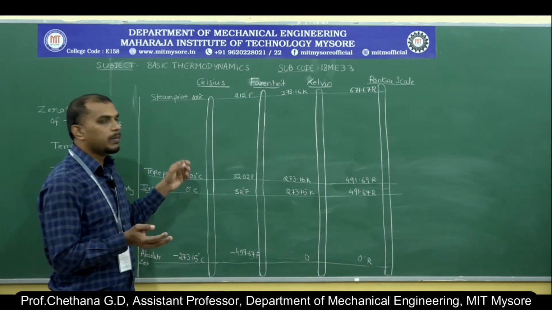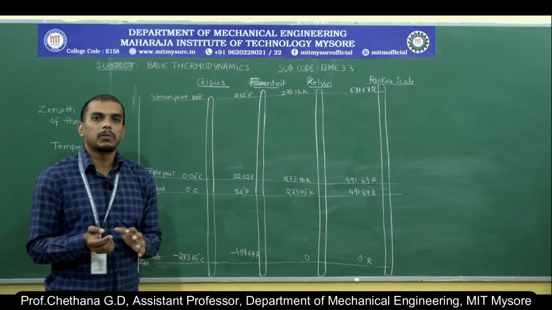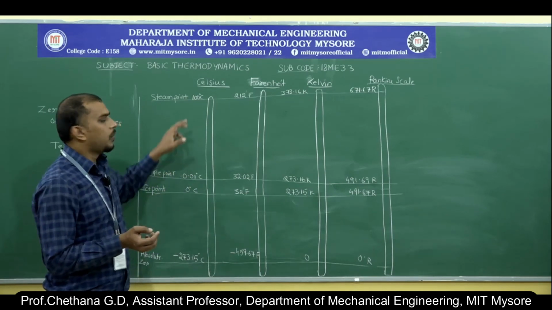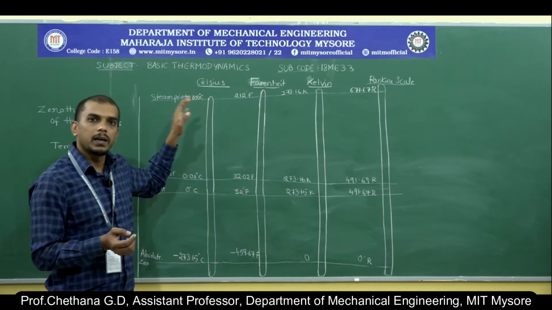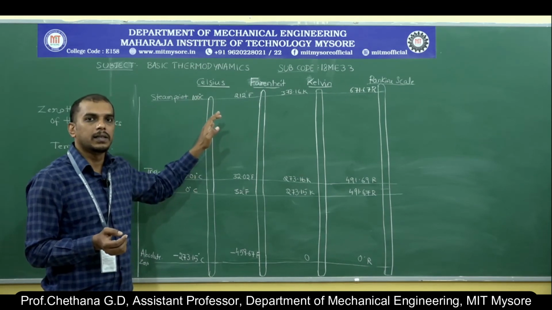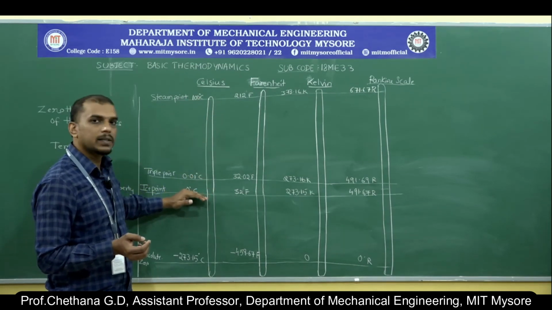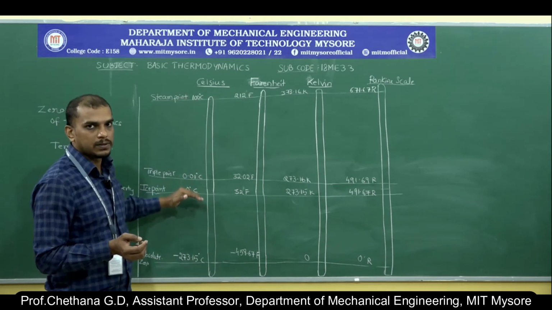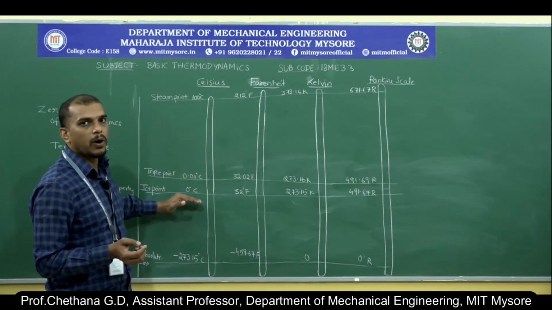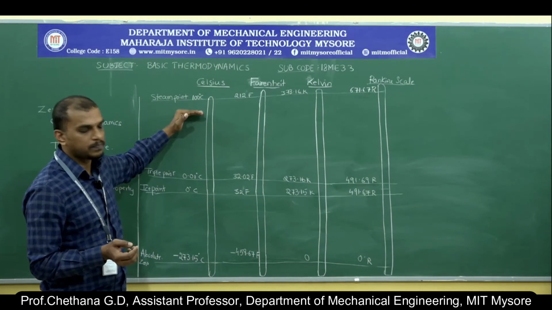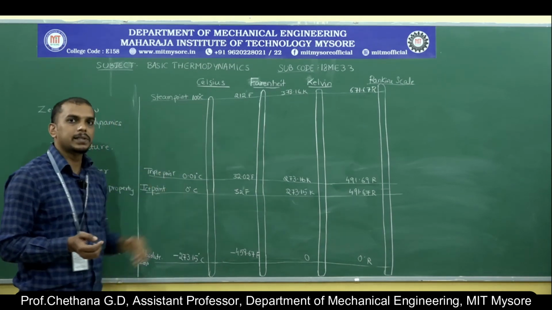When it showed some reading, he marked it as 100. So, now there is a difference of 100 divisions between ice point and steam point. This is Celsius scale.